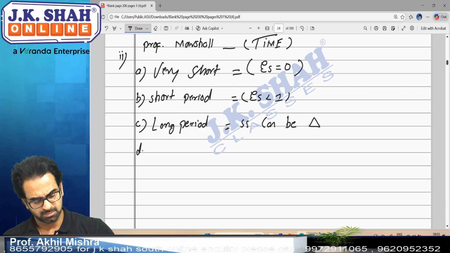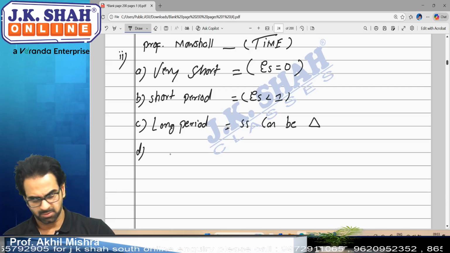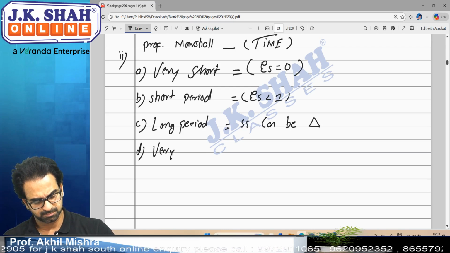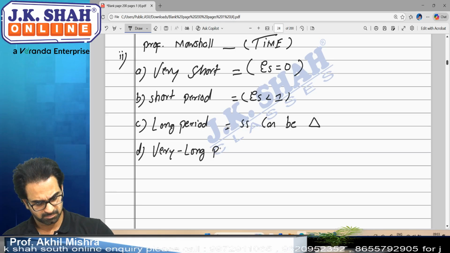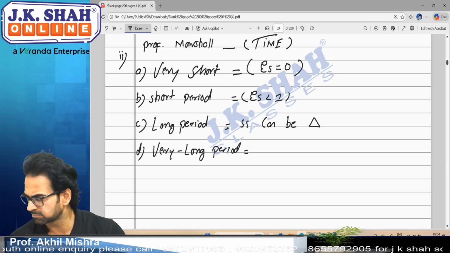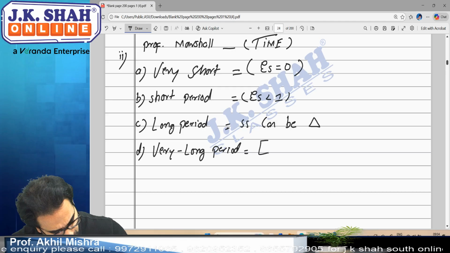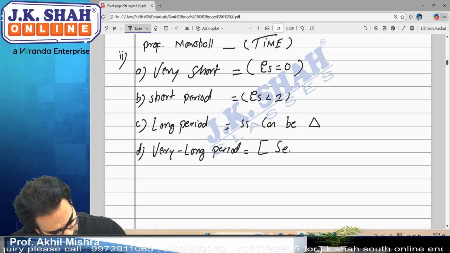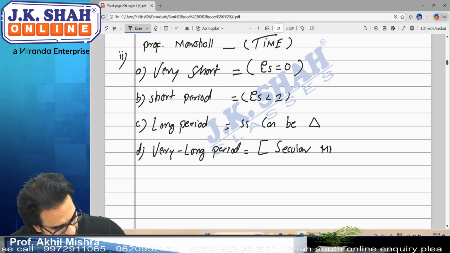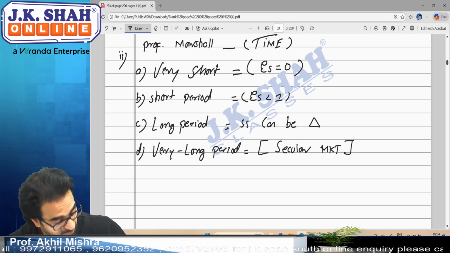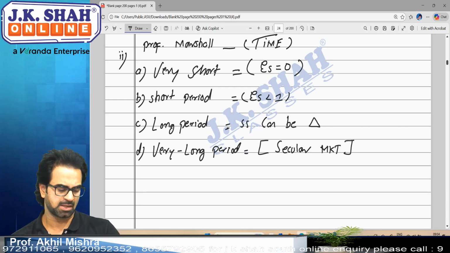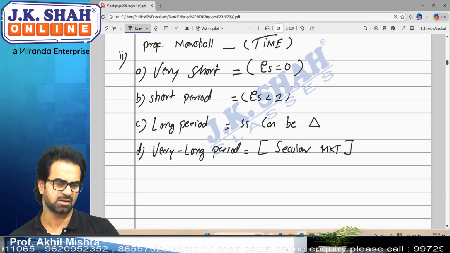And last one, very long period. By the way, this very long period market is also known as secular market. And supply of anything can be changed, because in a very long period everything can be changed.